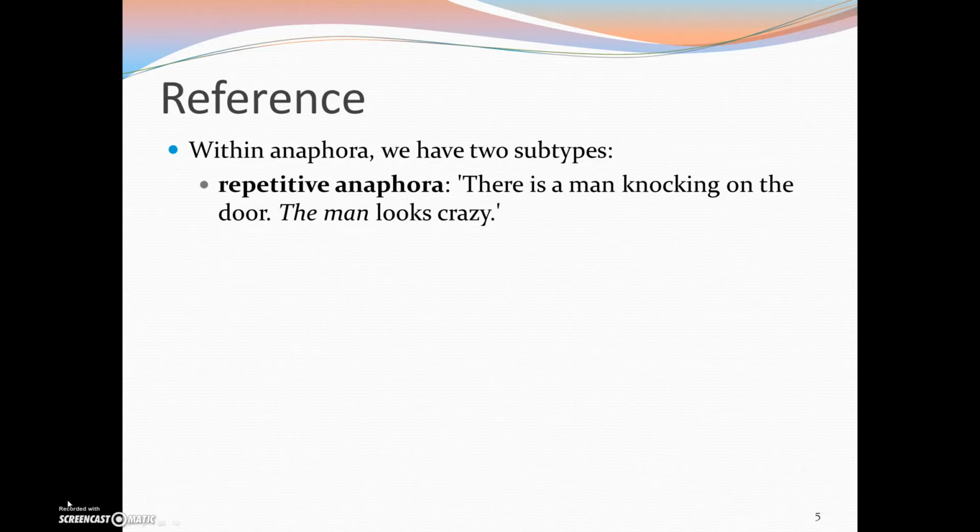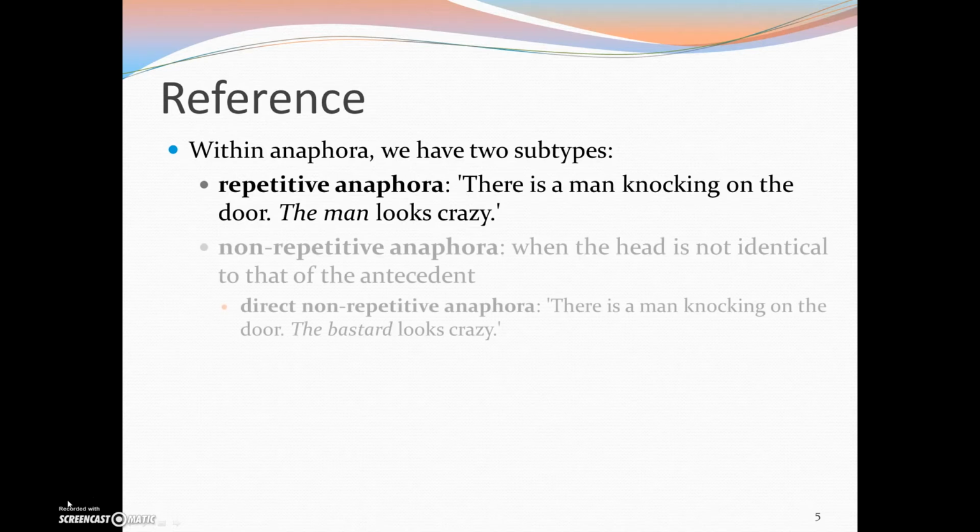So when I say the man the second time, I'm referring back to when I first mentioned the word man. So it's a repetition because I'm repeating the same word, and it's anaphora because the referent came before, right? So it comes before, it precedes the word that I'm saying, in this case the man.